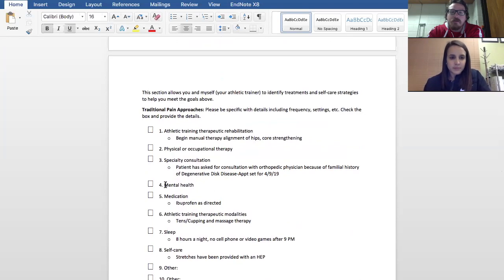Mental health, I wasn't 100% sure how to approach this, to be honest with you. That's not something that I'm super comfortable with. And we actually don't have a, what do you call it? Counselor. You don't have any counselors? No, we don't. We have academic counselors, but we don't have any mental health counselors at all.